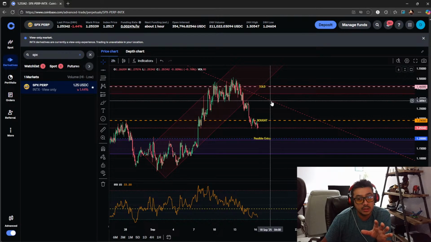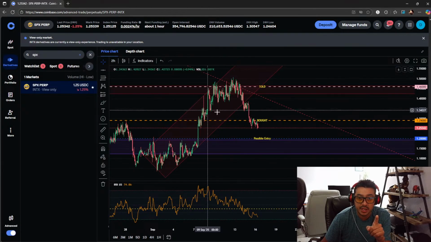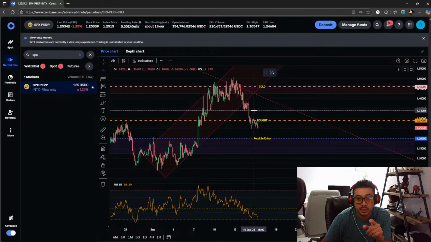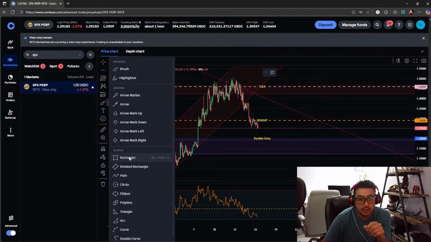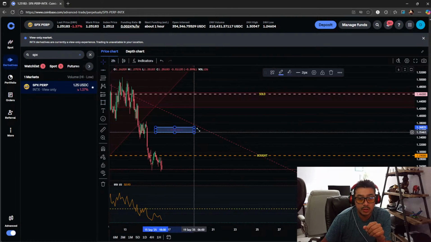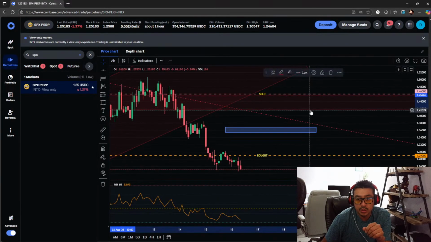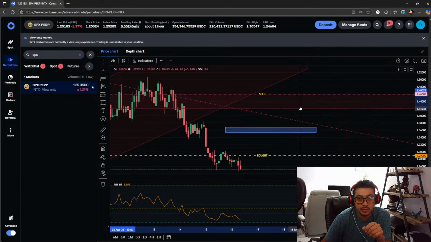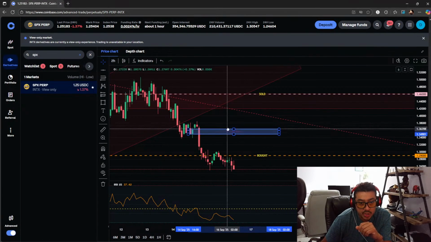Not only can we probably touch this trend line again, but remember we also got to take a look at these guys on our left side right here. This guy right here. Let's show you something real quick. No, let's do a rectangle. Rectangles are nice. Let's zoom into this real quick. Okay. So this guy right here, check this out.